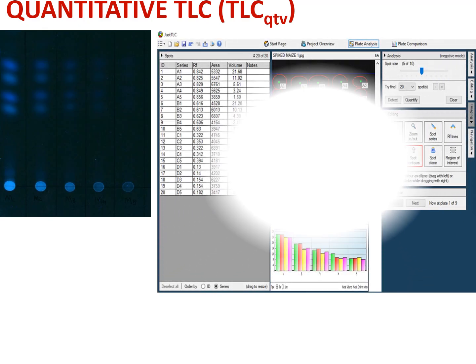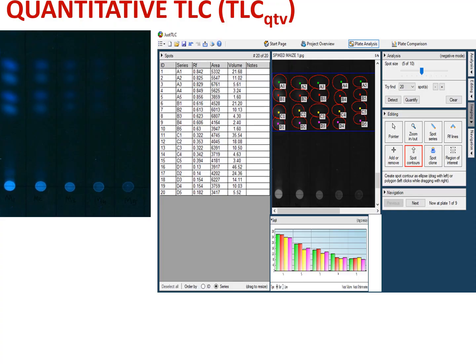Now, the obtained TLC image is then imported into a TLC quantifying software such as JustTLC software to determine the densities of the respective TLC spots.